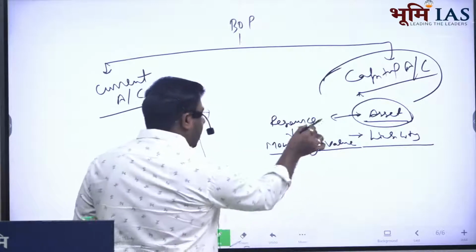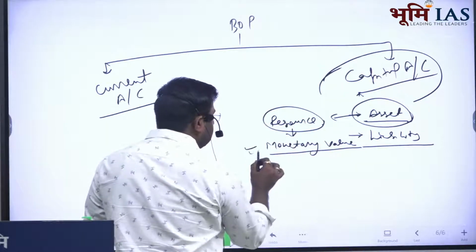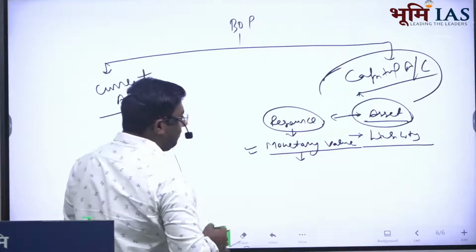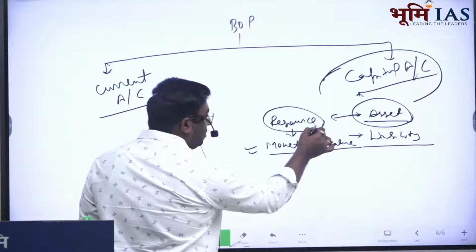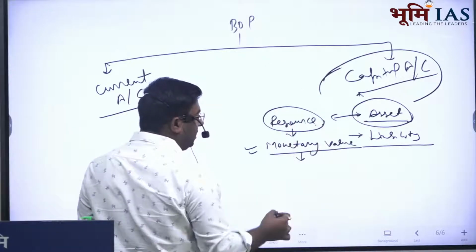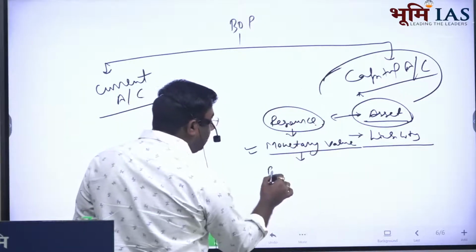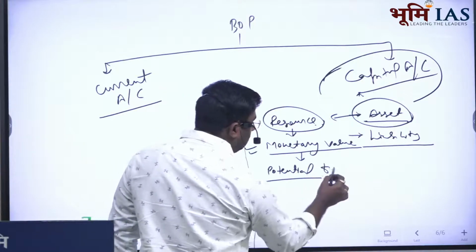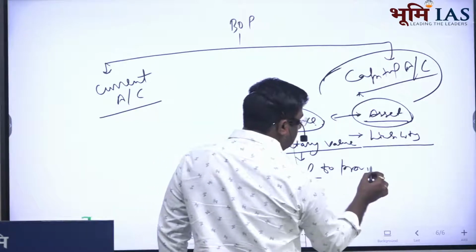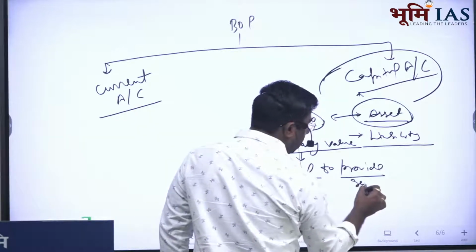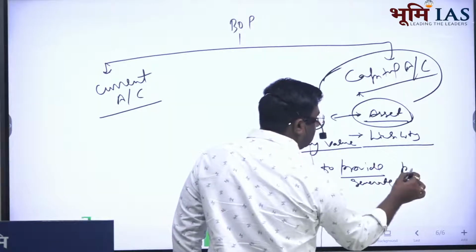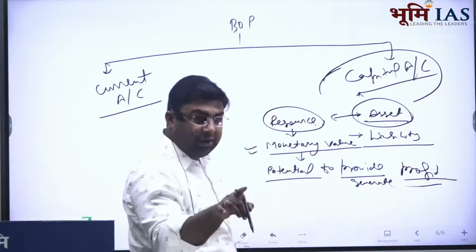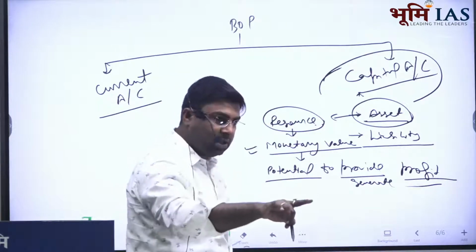So asset means any resource which has its monetary value, and the third criterion of asset is that the resource should have potential to provide or generate profit if it will be used in a commercial manner.